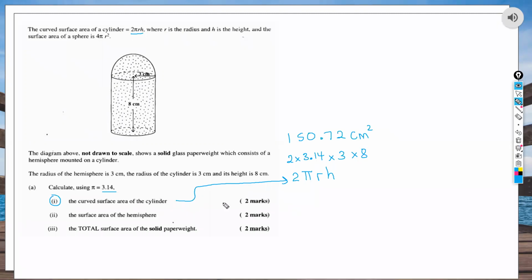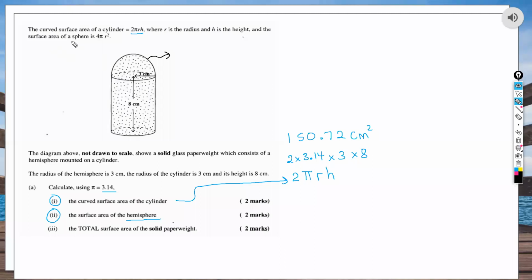All right. In part 2, they want the surface area of the hemisphere. The hemisphere is the little dome part on top. But there was a small trick to this one, right? This is obviously half of, let's pretend the top is a basketball, but that's not a full basketball. That's half of a basketball, half of a sphere.